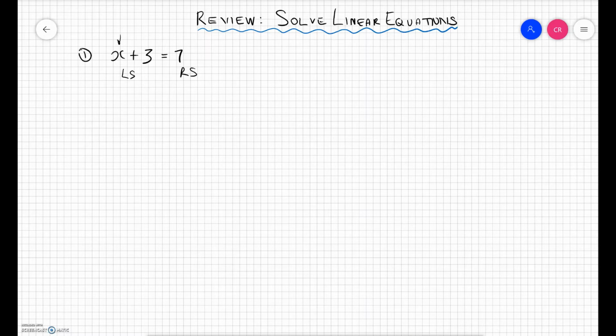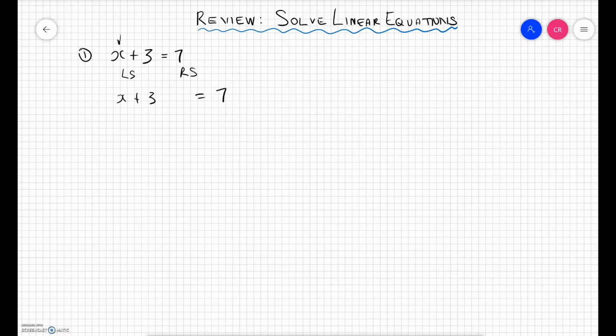A basic rule in solving equations, linear equations, is that whatever you do to the left side, you do to the right side. So in this case, we have x plus 3 equals 7.